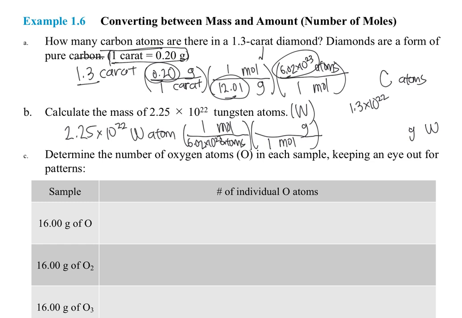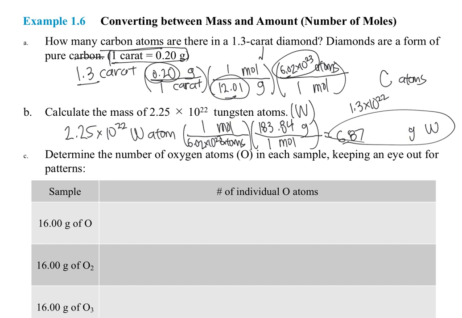It is element 74 in the periodic table, and so we can see that its molar mass is 183.84 grams. So now when I take that number of atoms, divide by Avogadro's number, and then multiply by the molar mass, you get 6.87 grams of tungsten.